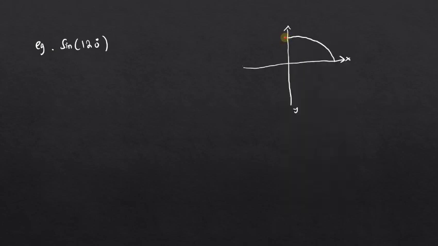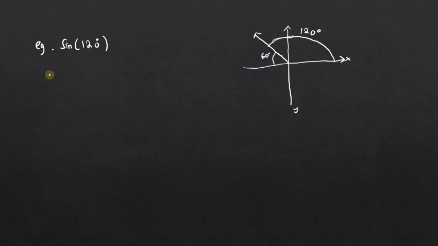This whole angle here should give us 120 degrees. The associated acute angle is the angle that this line makes with the x-axis, and this is 60 degrees.